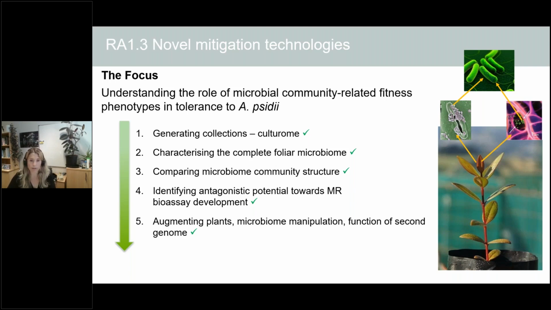And the ultimate goal was to see if we could augment plants by replacing or adding new microorganisms that would colonize the phylloplane of the young tissue and help resist infection by myrtle rust. And what I'm going to talk to you about is our progress on the way there.